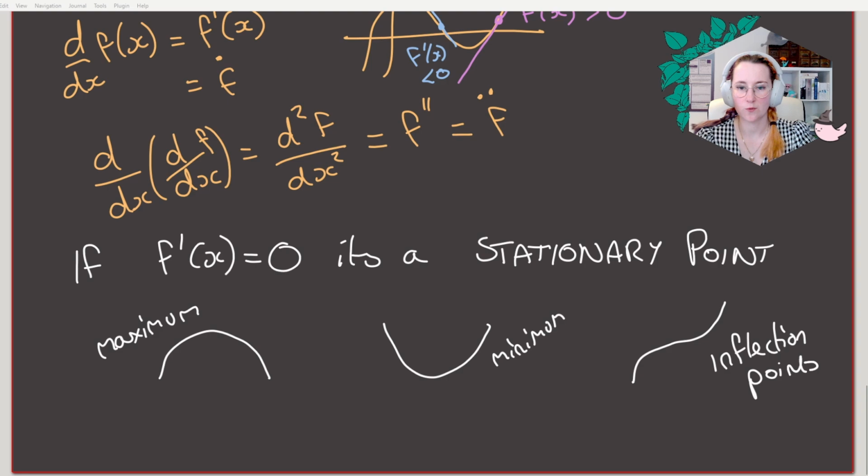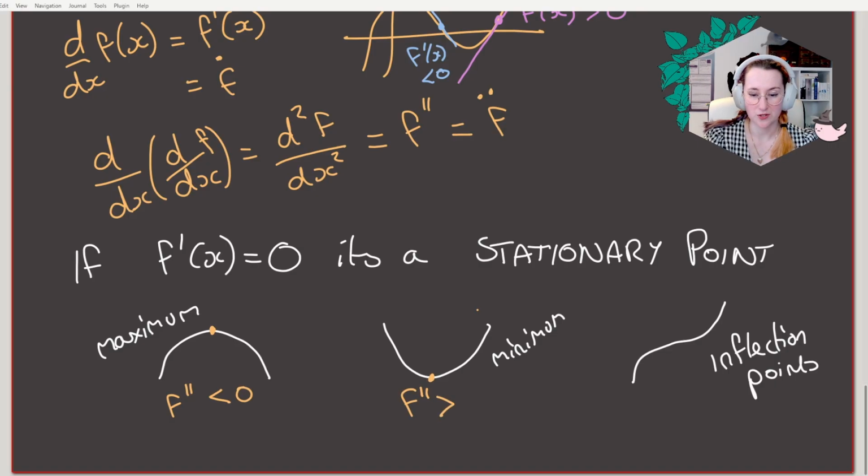And how we determine which one is which is by the second order derivative. So if f prime is the gradient of the function, then f double prime is the gradient of the gradient. So here we know it's a maximum if f double prime is less than 0. It's always slightly counterintuitive.